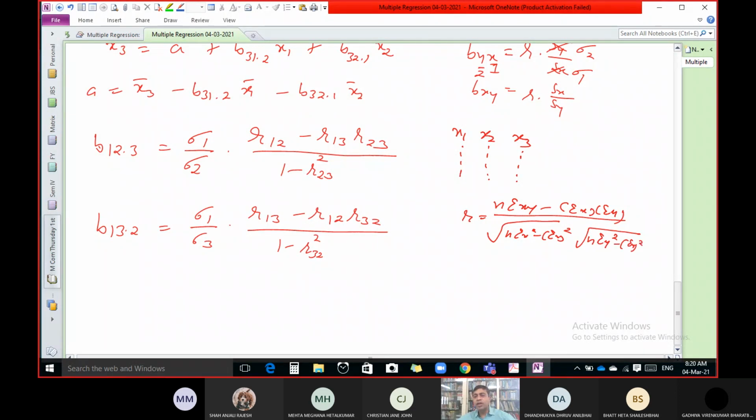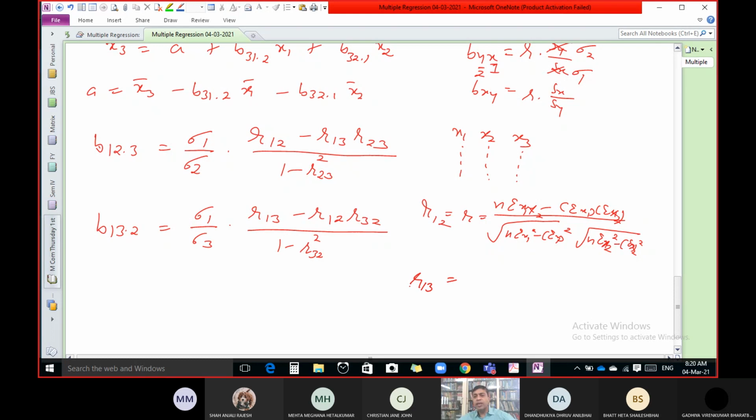Similarly, instead of x and y, you have to write x1 and x2: n sigma x1 x2 minus sigma x1 sigma x2 upon root of n sigma x1 square minus sigma x1 the whole square, into root of n sigma x2 square minus sigma x2 the whole square. So that is the relation between 1 and 2, so it is R12.